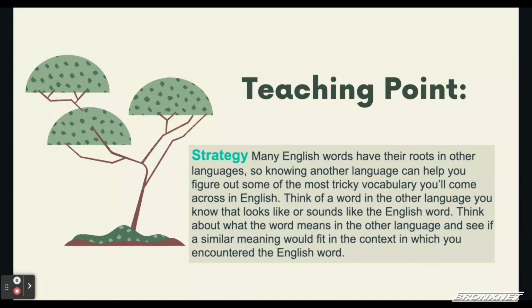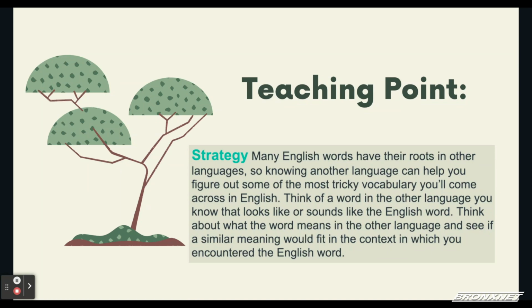Today, I want to teach you that many English words have their roots in other languages. So knowing another language can help you figure out some of the most tricky vocabulary you'll come across in English.